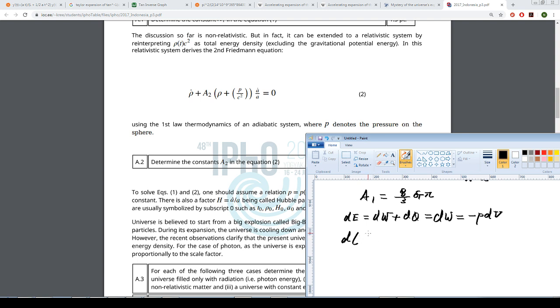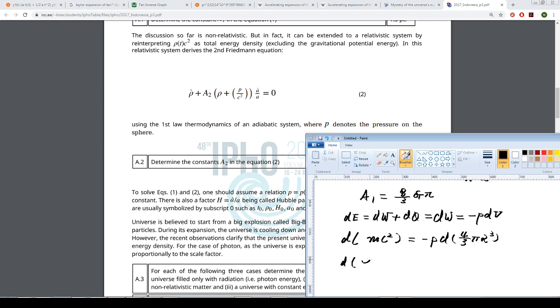So we'll just use related rates from here. The total energy is mass times speed of light squared. And the volume is 4 over 3 pi r cubed.